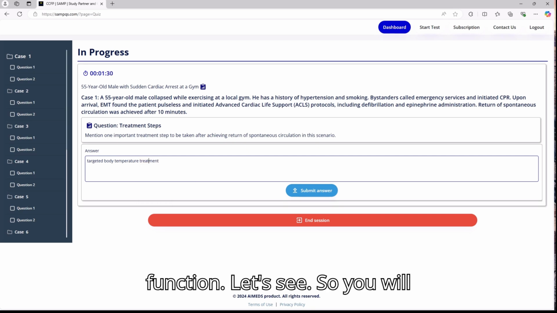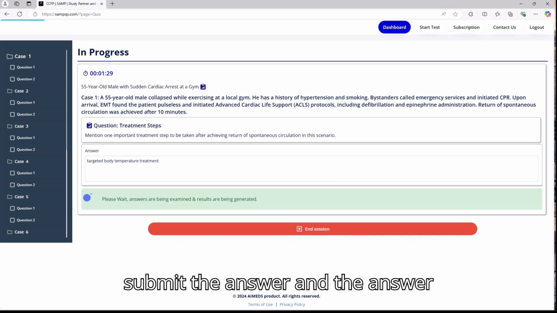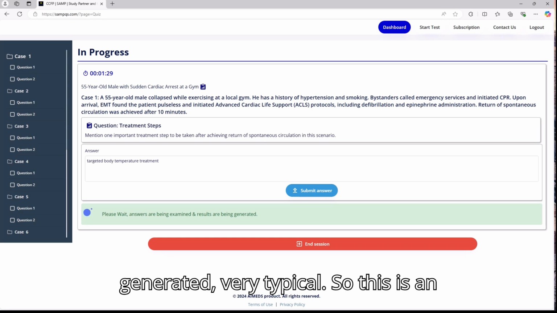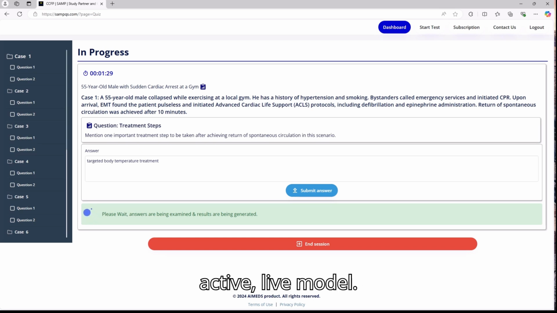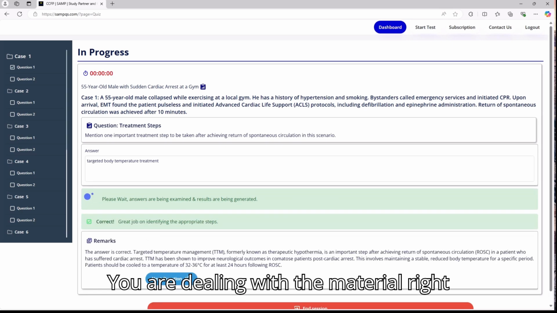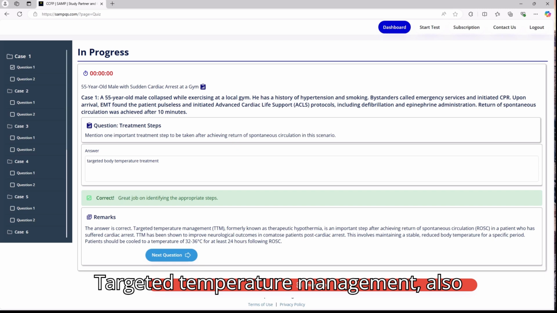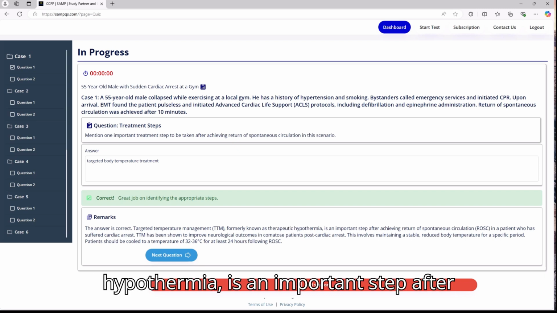Let's see. So you will submit the answer, and the answer will be examined and results will be generated. Very typical. So this is an active live model. You are dealing with the material right away. So it says the answer is correct. Targeted temperature management, also formerly known as therapeutic hypothermia, is an important step after achieving return of spontaneous circulation in a patient who has suffered cardiac arrest.